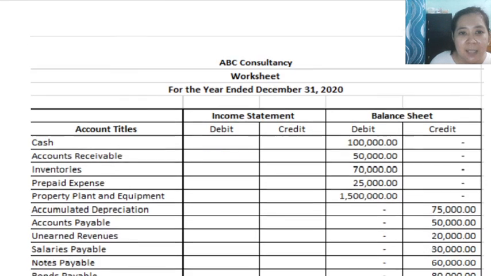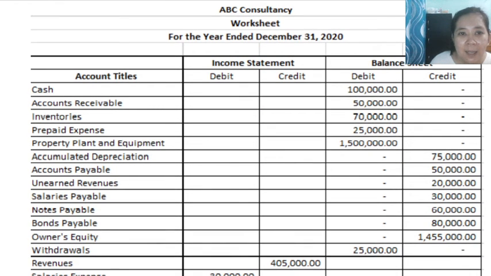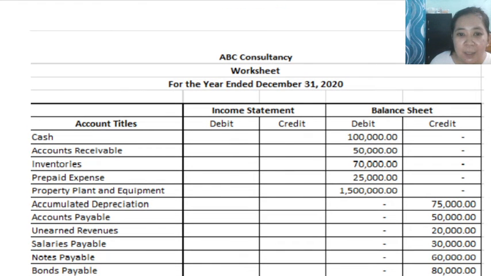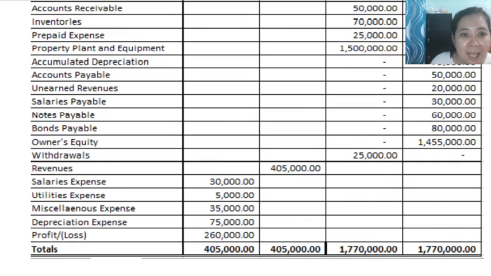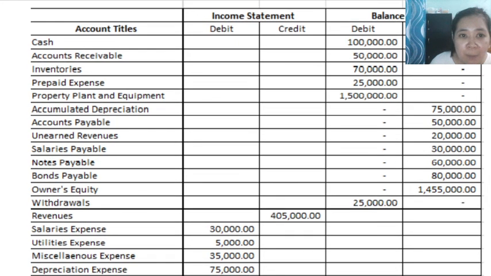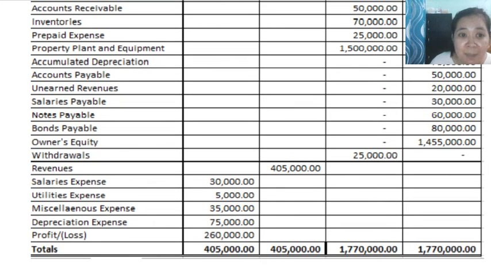Again, the balances that we forward to our income statement and balance sheet come from our adjusted trial balance. For our income statement, we forward our revenue and expense accounts.